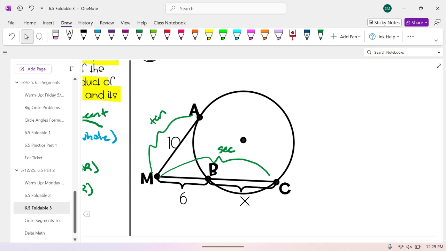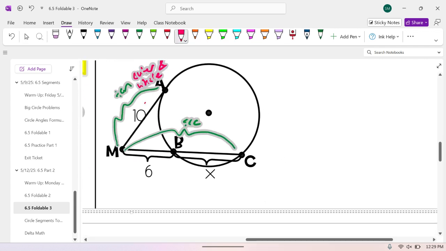So for the tangent line, what's my outer? What's my whole? What's the length of my outer for the tangent? 10. What's the length of my whole for the tangent? 10. It's both. So this is both the outer and the whole. So in other words, when we multiply it, we're going to square 10.